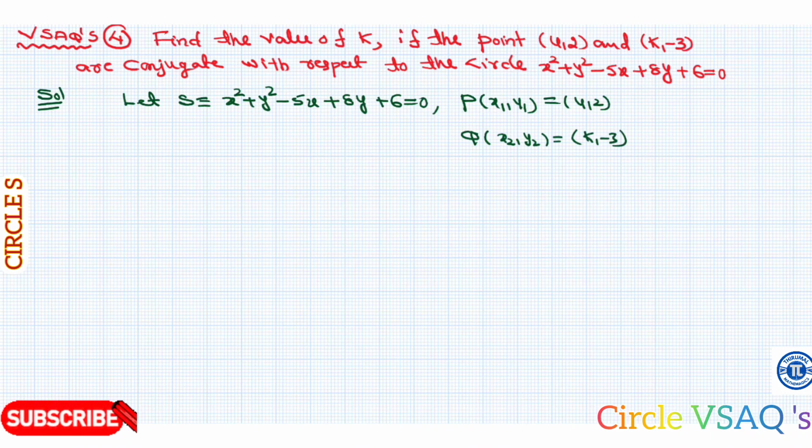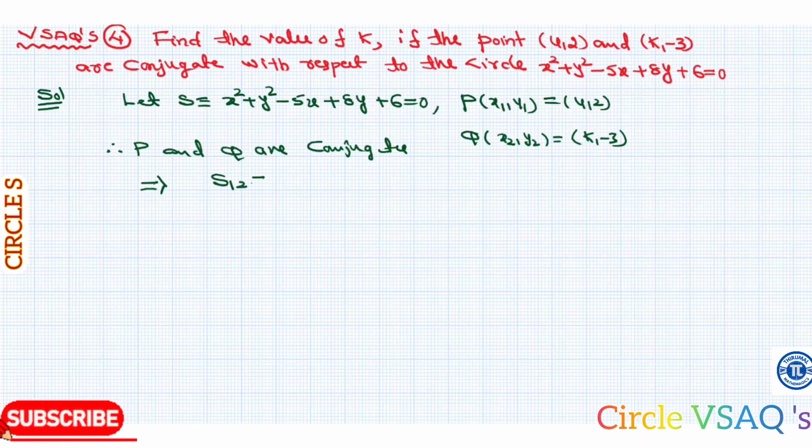Here, since P and Q are conjugate points, we have the condition S12 = 0.